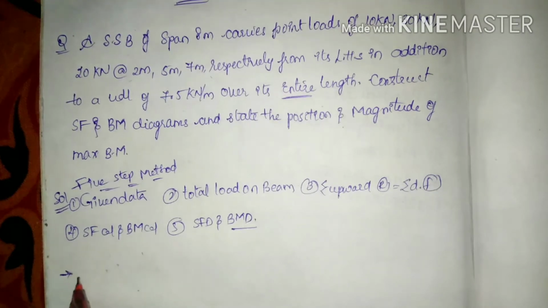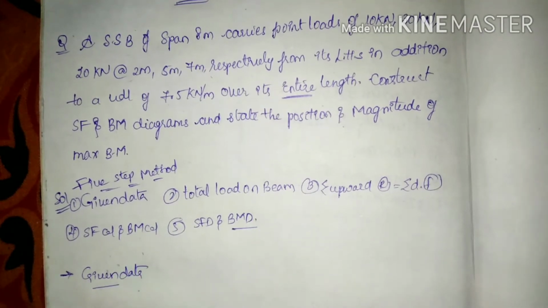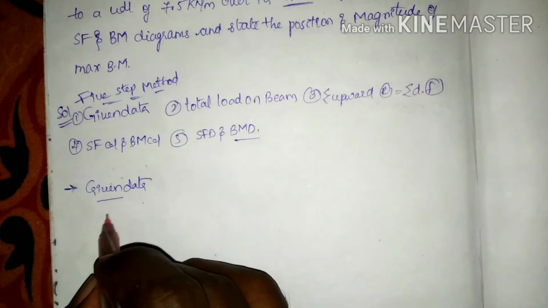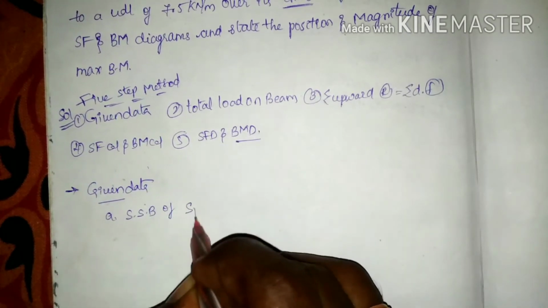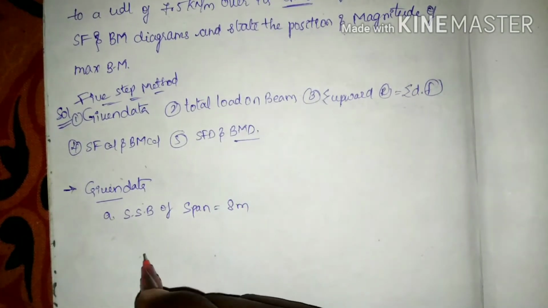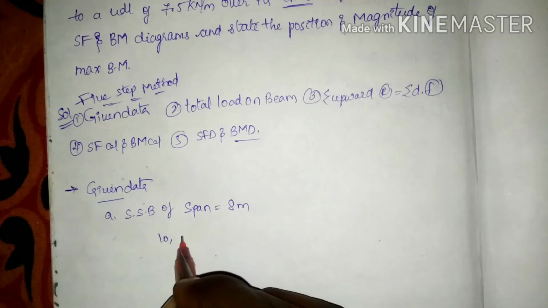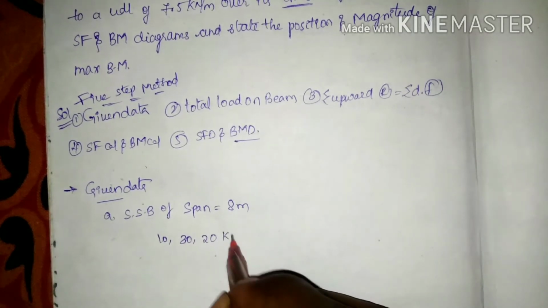Let us proceed by following our 5-step method. First is the given data. We have a simply supported beam with a span of 8 meters, carrying point loads of 10, 30 and 20 kilonewtons respectively.